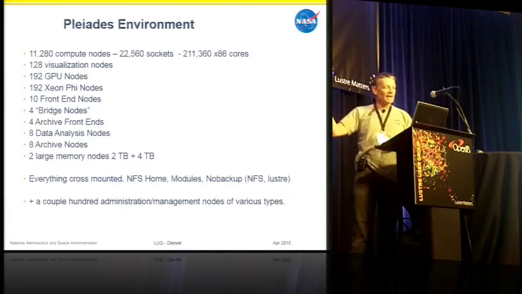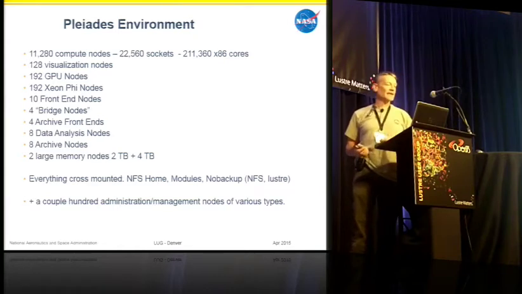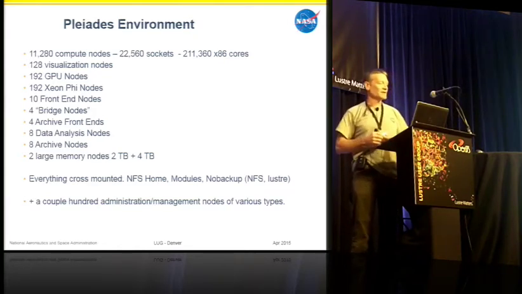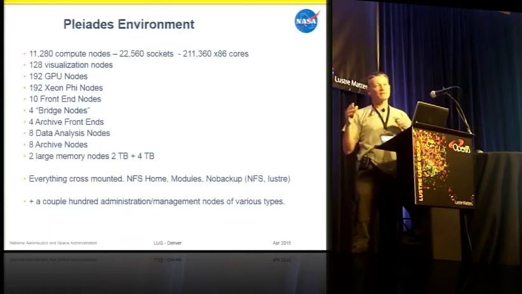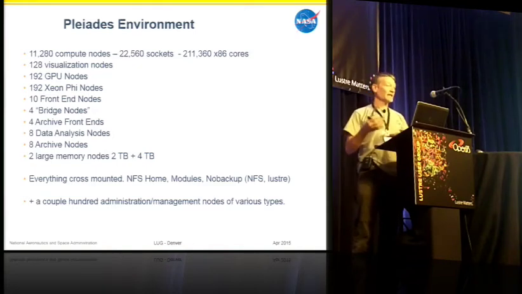So what is it? 11,280 nodes. There's a Viz system, 128 nodes, GPU nodes, Xeon Phi nodes. So when we have systems that we want to test, we bring those in, connect them up directly, and so that means that they get Lustre access, they get access to all the other facilities that we have.